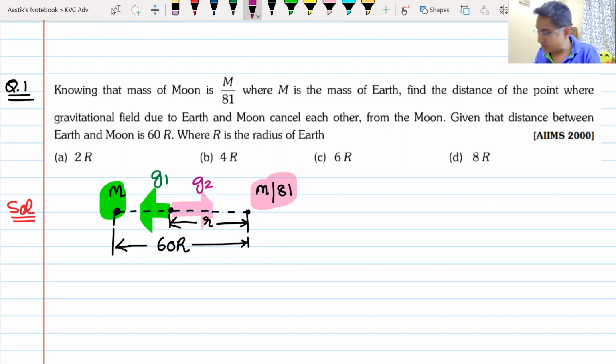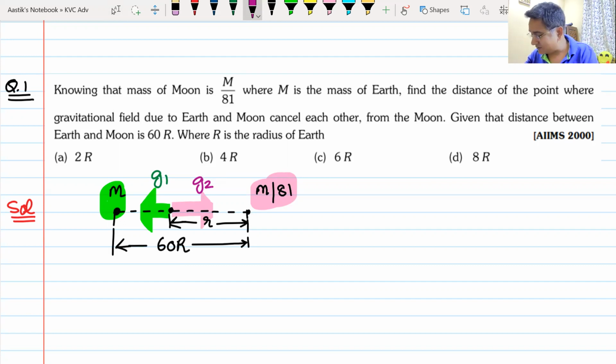G1 should be equal to G2. And I have drawn the diagram wrongly because I have drawn the point closer to Earth. The point will be closer to Moon, not to Earth. Then I had to find the values of G1 and G2 and get the answer.